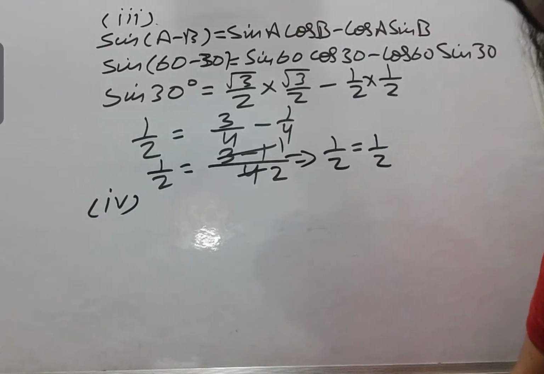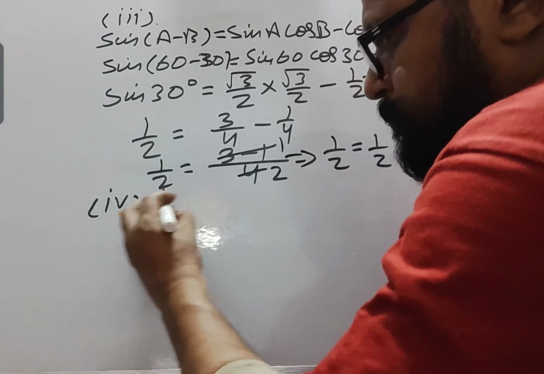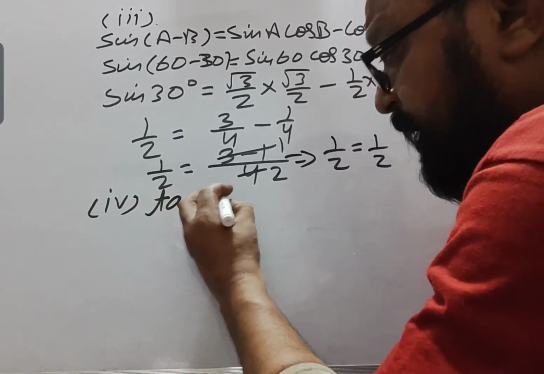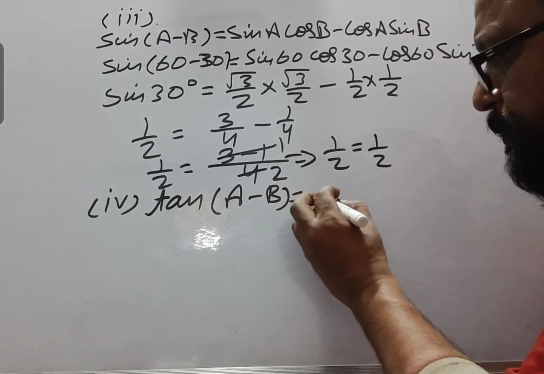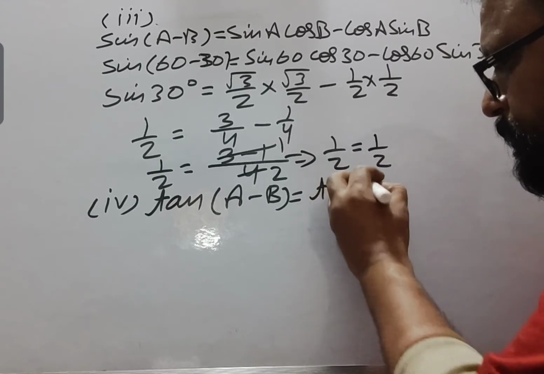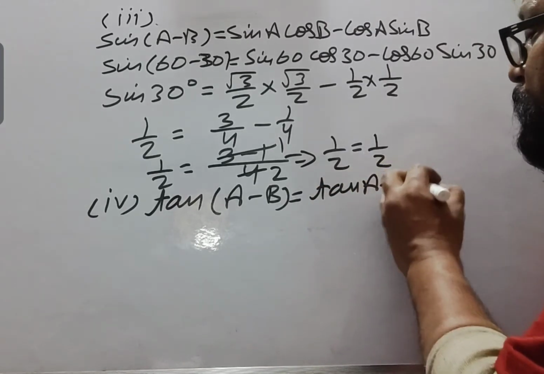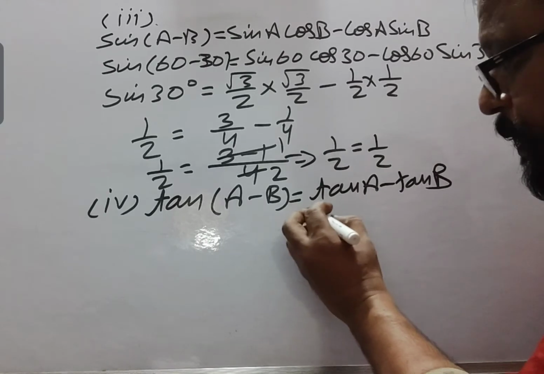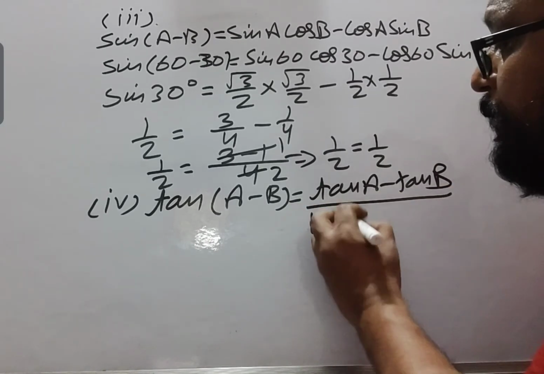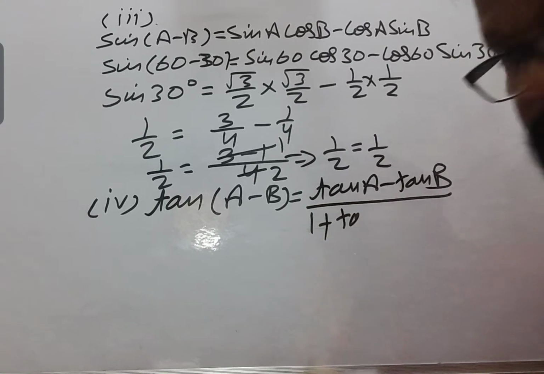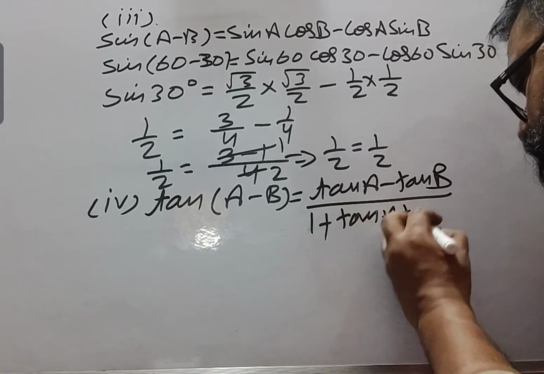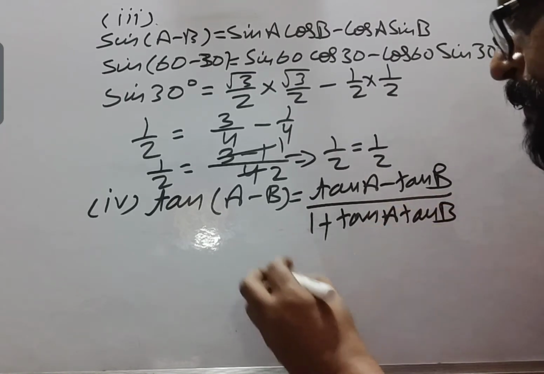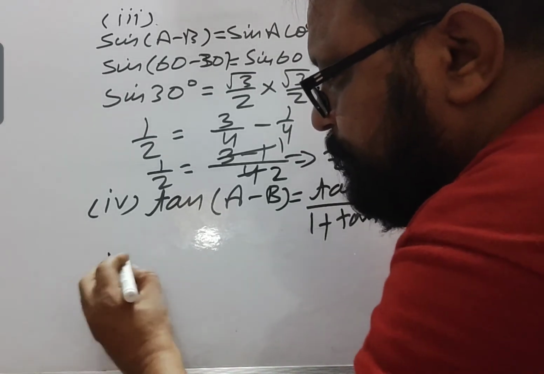Tan(A - B) is equal to tan A minus tan B upon 1 plus tan A into tan B.